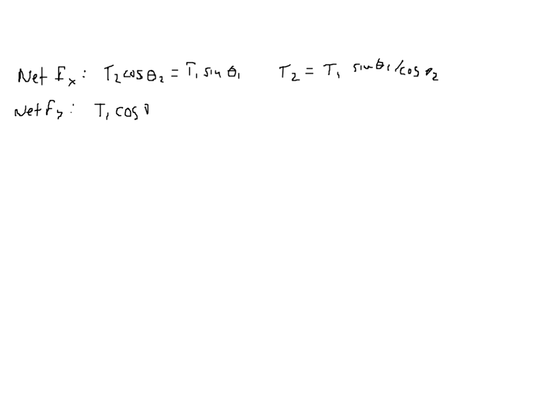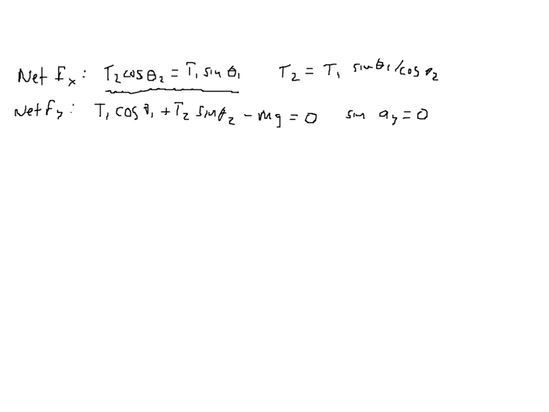So we've got T1 cos theta 1 plus T2 sine theta 2 minus W, which is mg, and that is equal to 0 since ay equals 0.